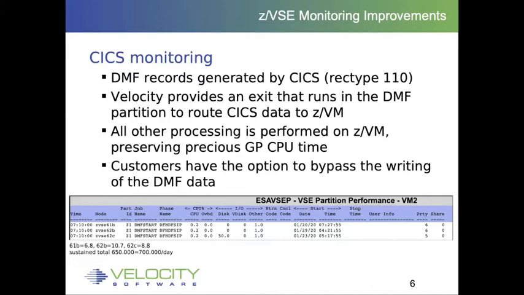And under that, on the first line, it says 61B equals 6.8, 62B equals 10.7, etc. Those are the transaction rates that were in effect at the time that I took the screenshot. So the sustained total of transactions would be about 650,000 to 700,000 a day for those 3 VSE systems. So the overhead of doing this DMF processing is very low.